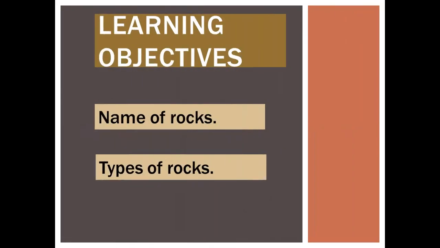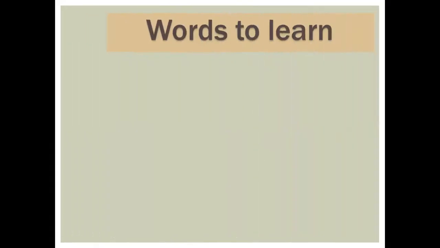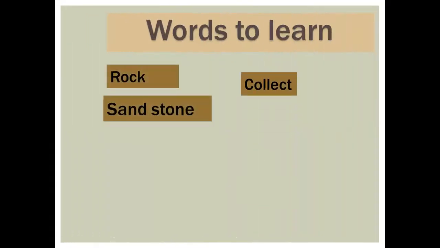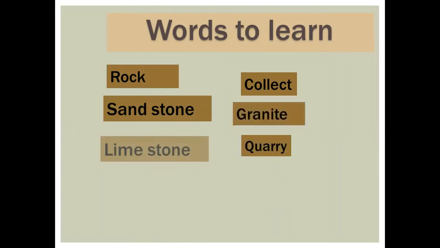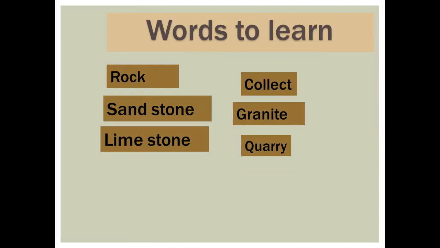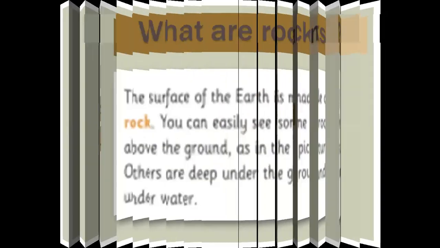In this lesson, we are going to learn about the names of different rocks and types of rocks. There are different names for different types of rocks. We are going to discuss them one by one. First of all, we are going to see the vocabulary words for this lesson: rock, sandstone, limestone, collect, granite, and arch.